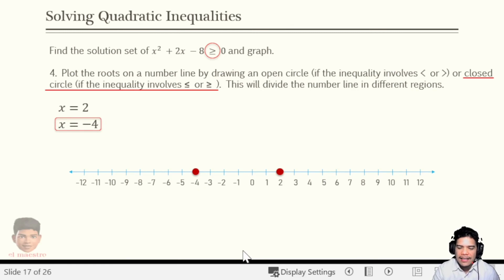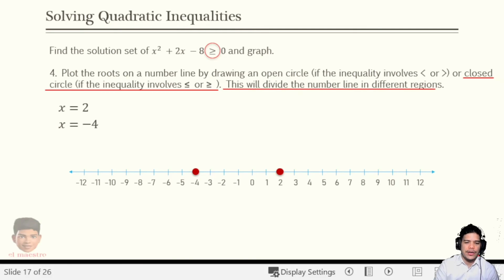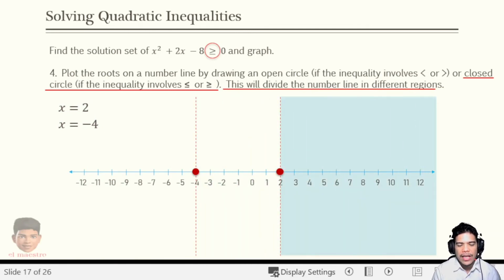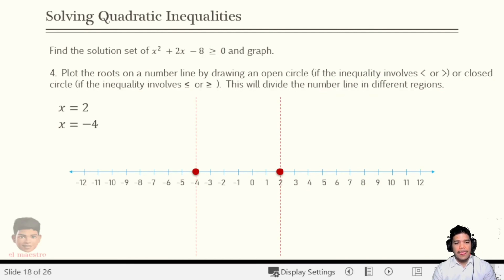Okay. Then, continue. Pag na-plot na natin, make a region. So, meron tayong from 2 and negative 4. So, meaning we have 3 regions. This region and this region. And another region. So, tingnan natin ano yung mga values ng x na meron sa bawat region. So, just like what we did earlier, tingnan natin from this first region, lahat ng values ng x na nandito sa region na to is less than negative 4, di ba?